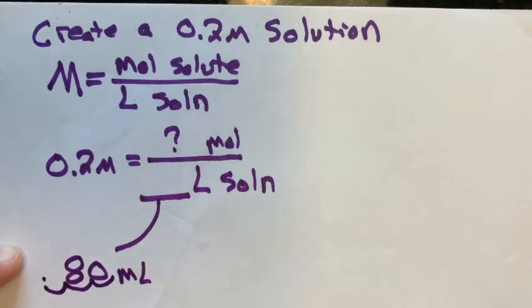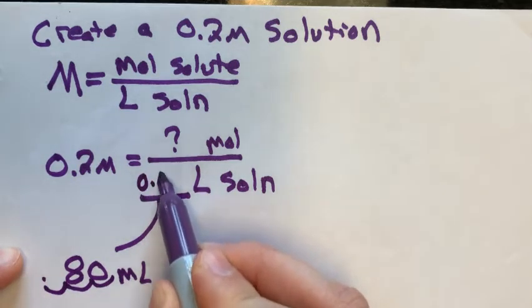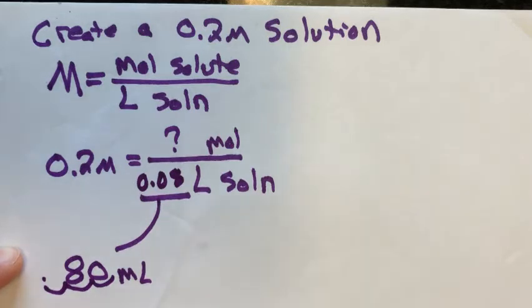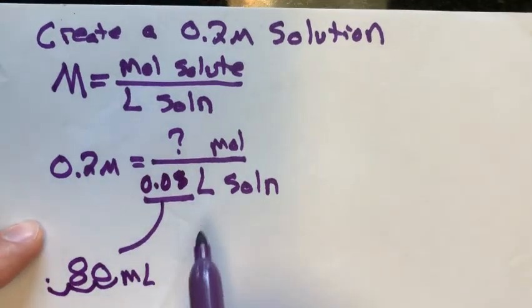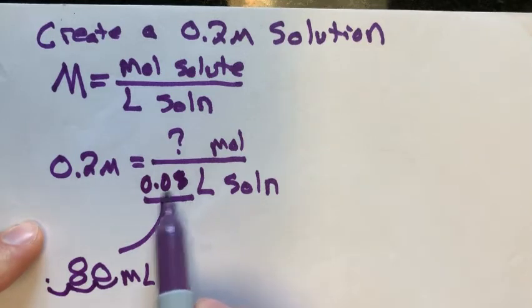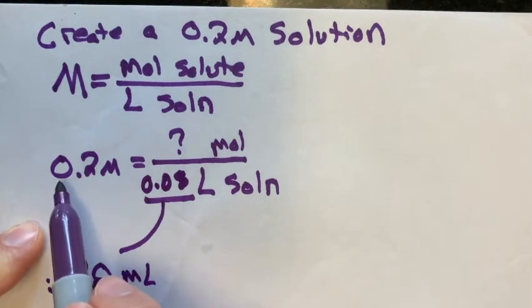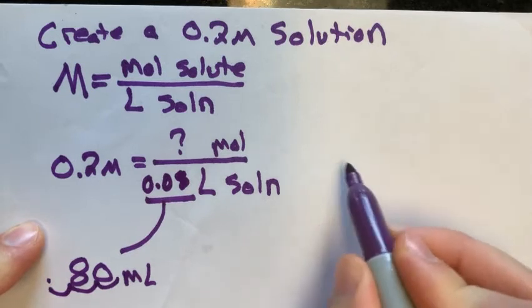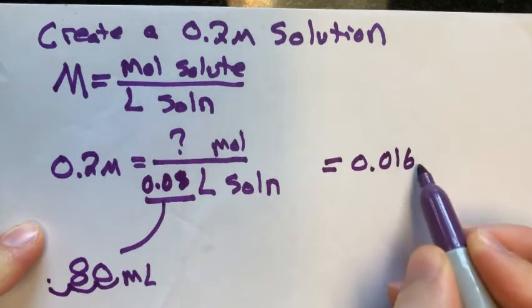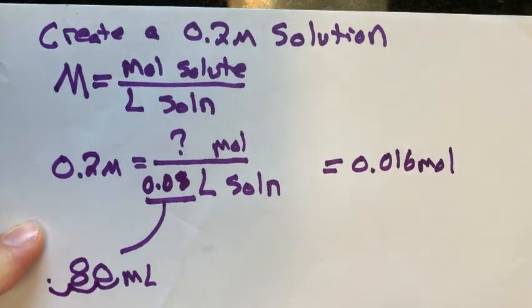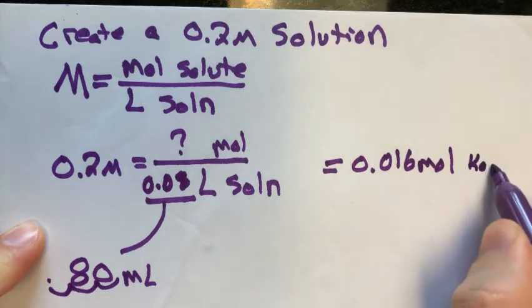Move that decimal 3 spots over, we get 0.08 liters of solution. So that's roughly how much water we should put in. So if we calculate this, we're going to multiply 0.08 times 0.2, and we get 0.016 moles of Kool-Aid.